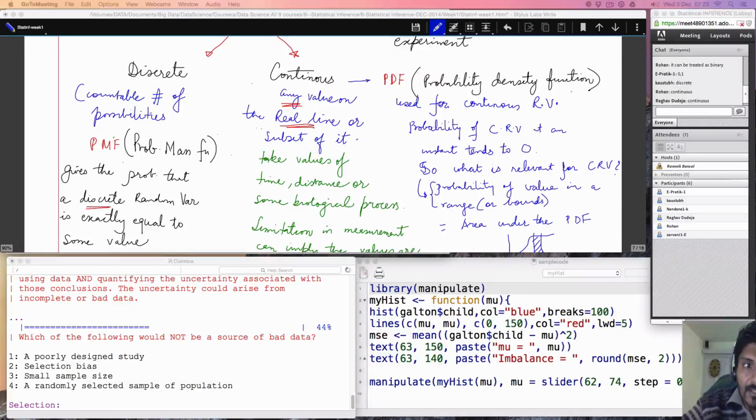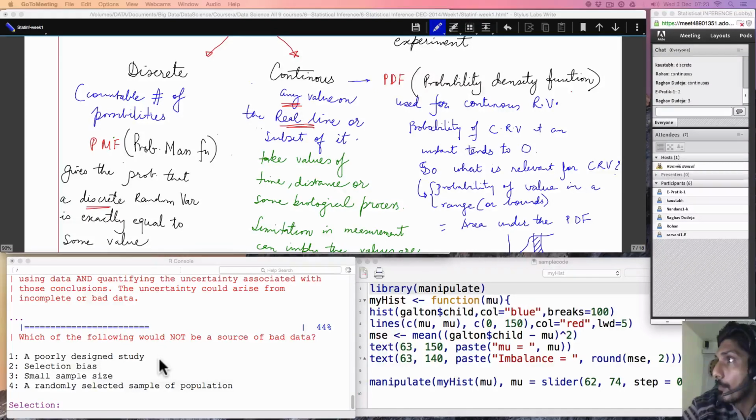Lavita says her option is randomly selected sample. Nandana says small sample size. Pratik says selection bias.